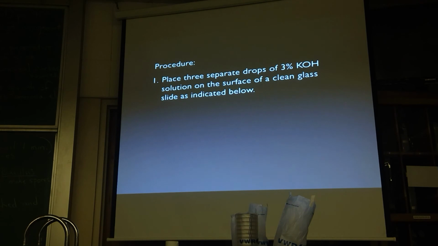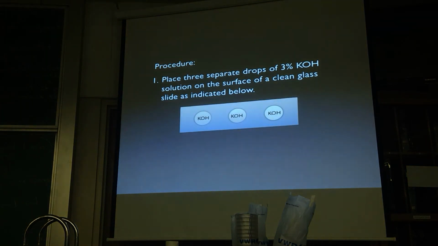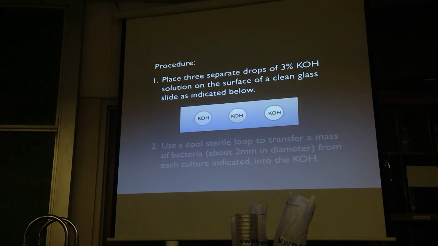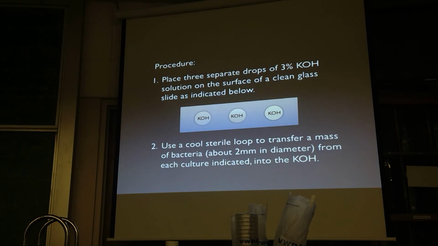So in this one, this says put 3 separate drops of potassium hydroxide. If you wanted to do this where you're comparing a positive that you know, a negative that you know, and your morphological unknown that you don't know, if you really feel that you need to do this, you can. Or you can work in groups and just do 3 unknowns on a slide. Each drop of KOH, potassium hydroxide, you put that on the slide, then you pick up a little bit of your bacteria.